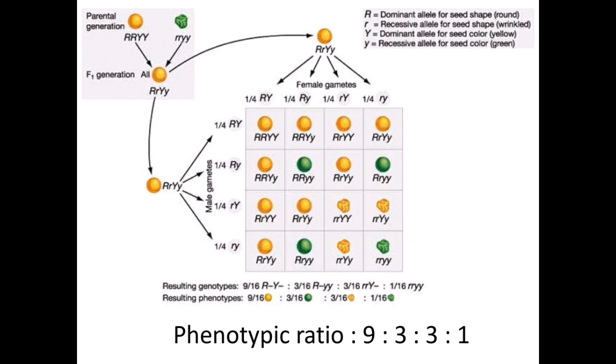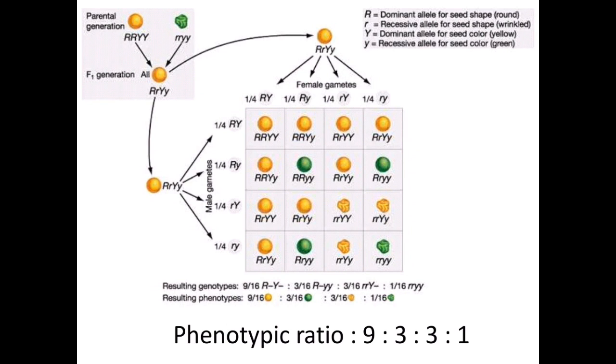In the second generation, when the progeny of the F1 generation is self-crossed, the ratio is 9:3:3:1. That is the phenotypic ratio.